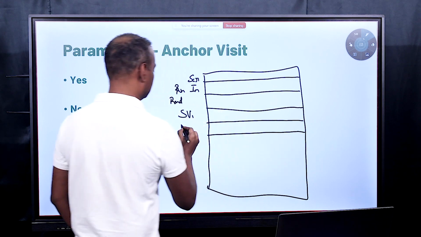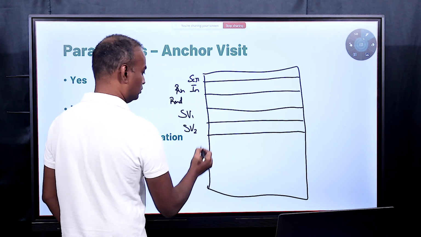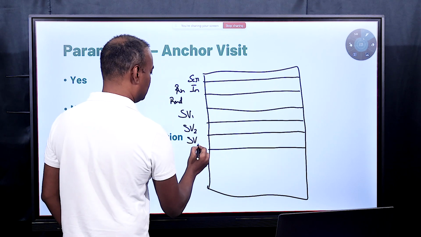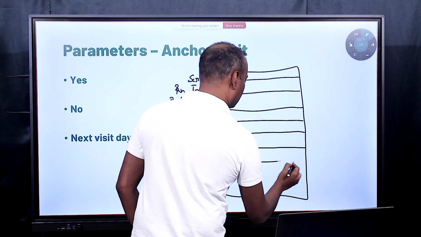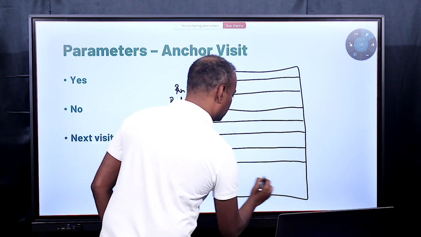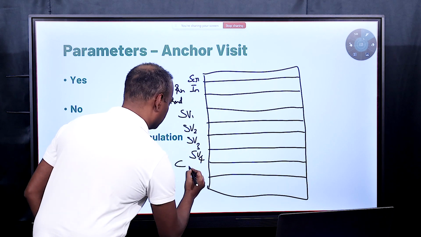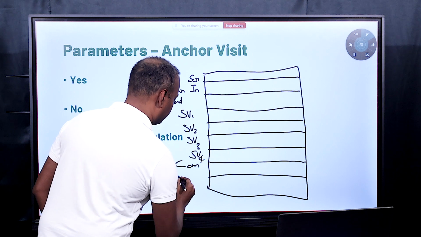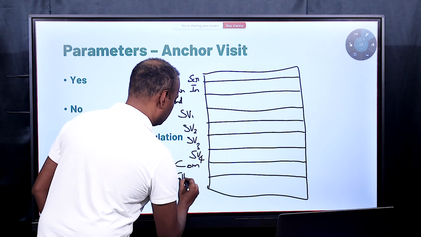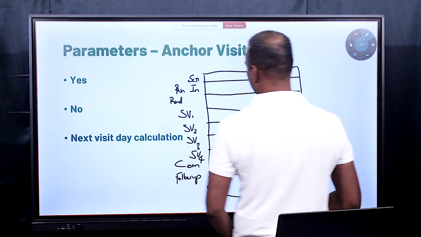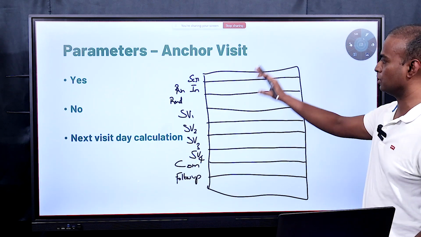Fifth visit is scheduled visit 2. Next visit is scheduled visit 3. After that, scheduled visit 4. After that we have completion. After that we have follow-up. Suppose in a protocol we have these transactions, you assume it.